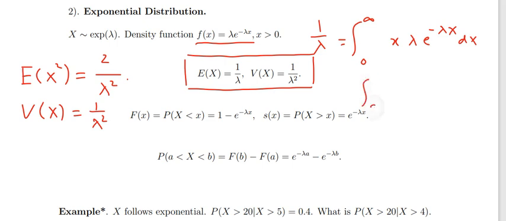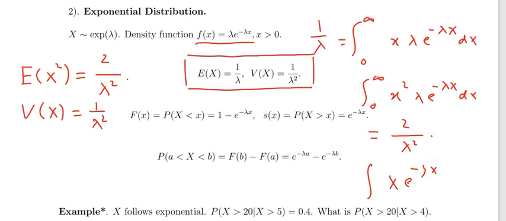For this integration, we can regard those as formulas. For those exponential integrals, like x times e to the negative lambda x dx, we don't need to use integration by parts. We just use those formulas.